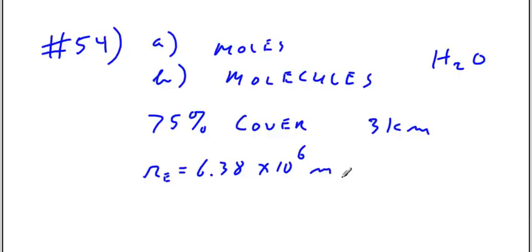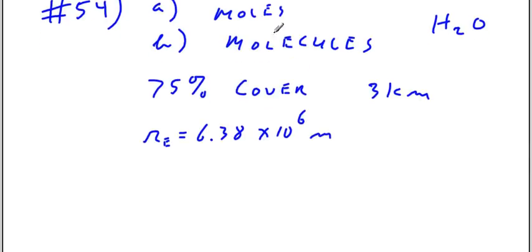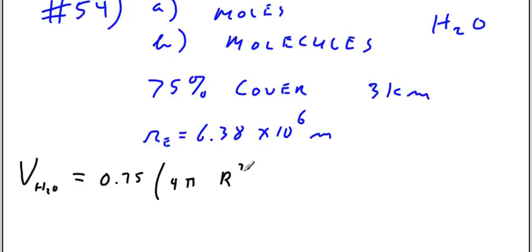So now I'm going to want to know the volume of the water. Okay, it's going to be 0.75 because it's only 75% times 4 pi r squared of the Earth.